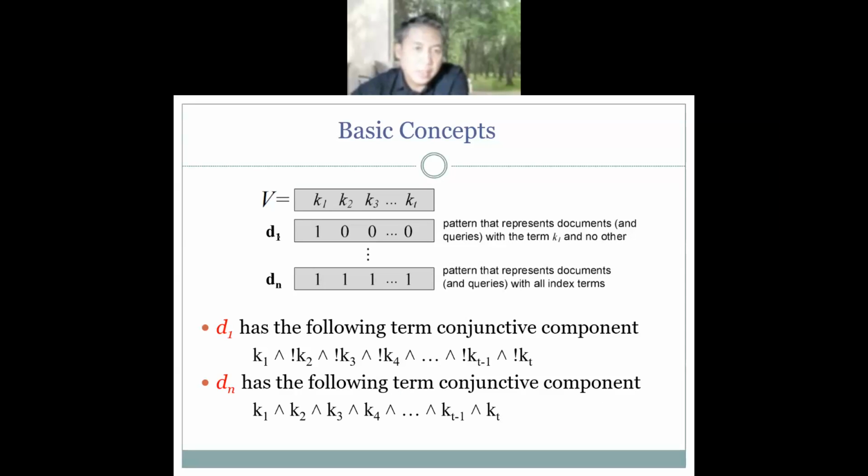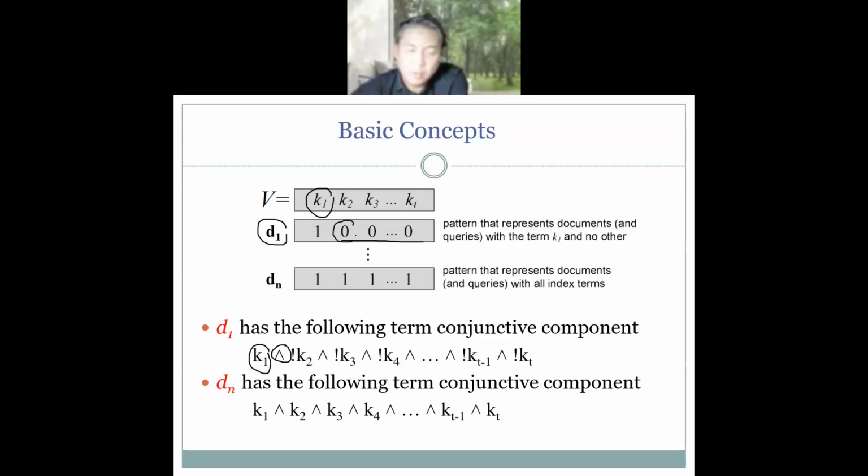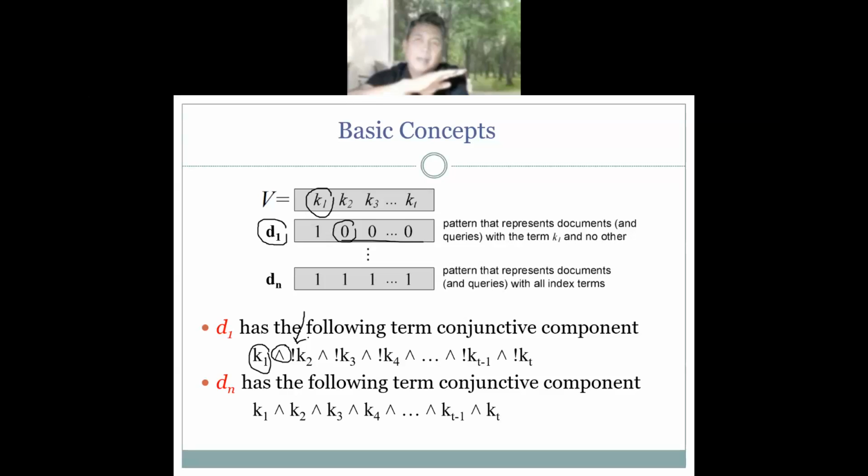Now let me show you the next one. For example, if we have this document 1, to represent document 1, which has only one keyword and the rest is 0, I just say this document 1 consists of keyword 1 and not keyword 2, because they have 0. If you still remember, for the conjunctive component, you must have all the expressions be true.